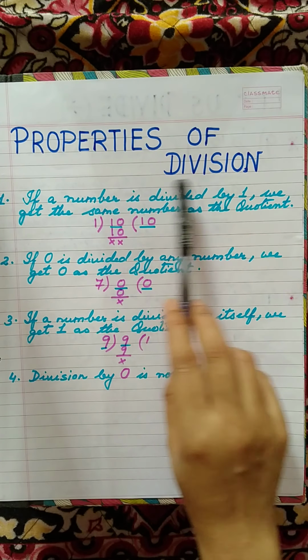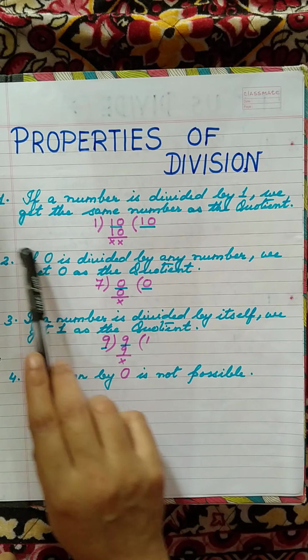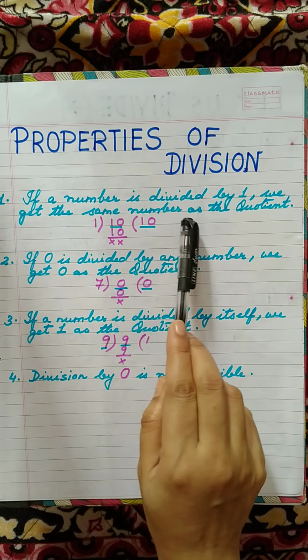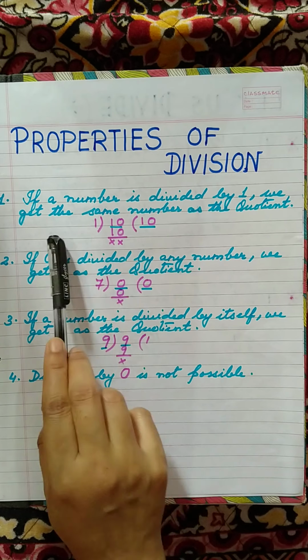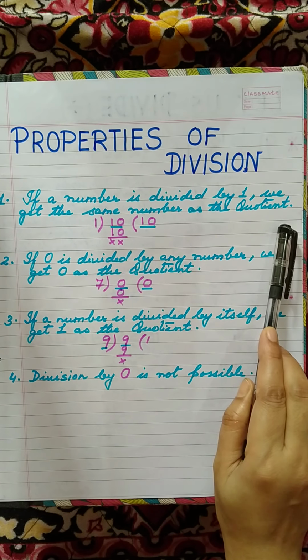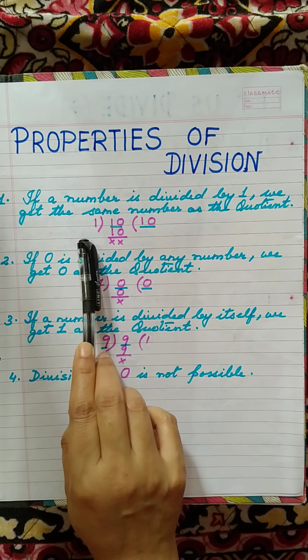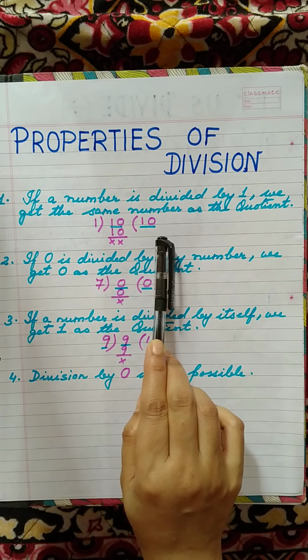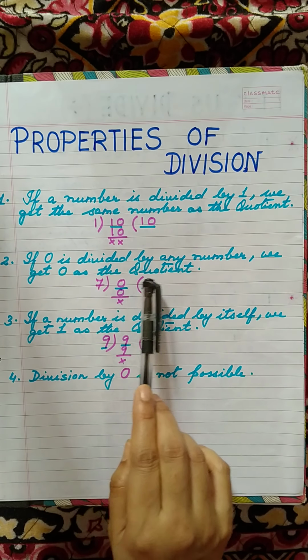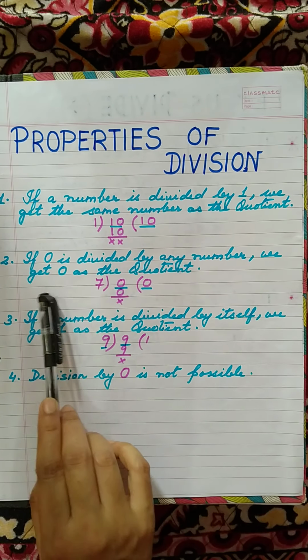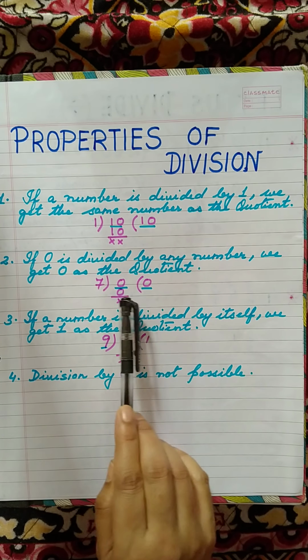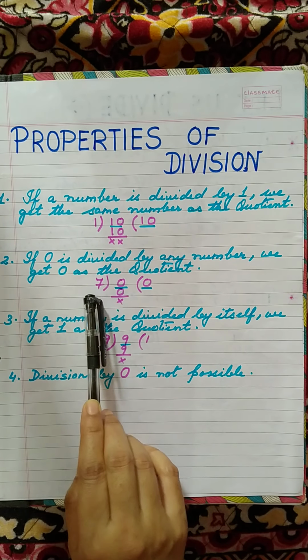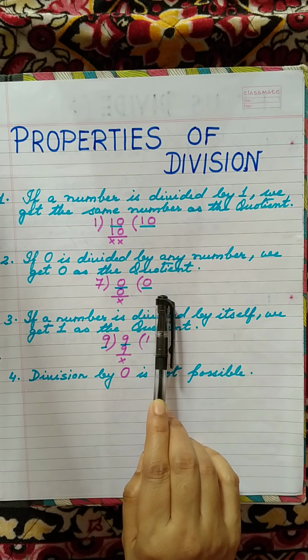Now let us see the properties of division. First is, if a number is divided by 1, we get the same number as the quotient. 10 divided by 1 is 10 itself. If 0 is divided by any number, we get 0 as the quotient. 0 divided by 7 is 0 itself.